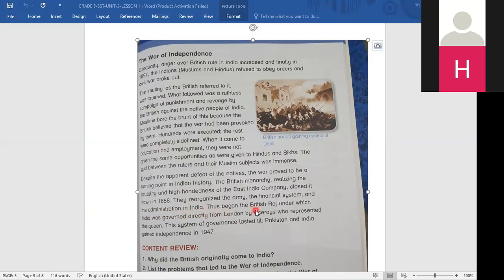Thus began the British Raj, under which India was governed directly from London by a Viceroy who represented the Queen. The system of governance lasted till Pakistan and India gained independence in 1947. Okay, very good.